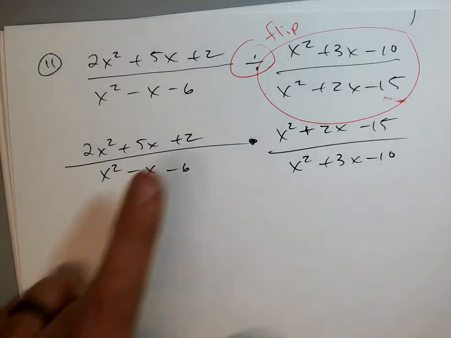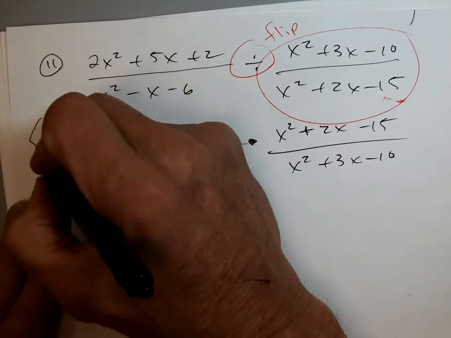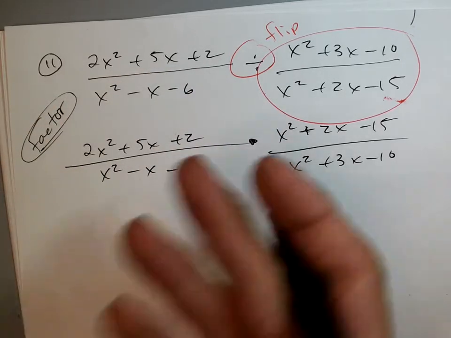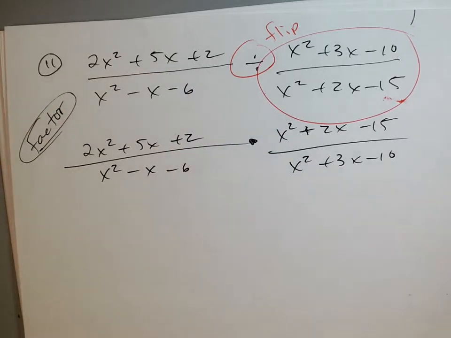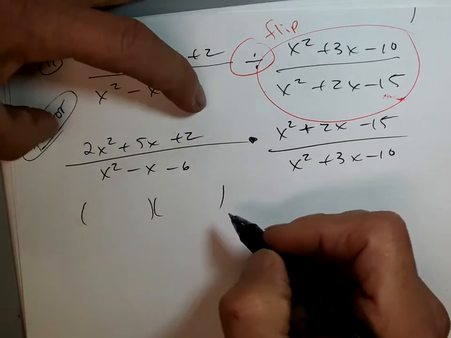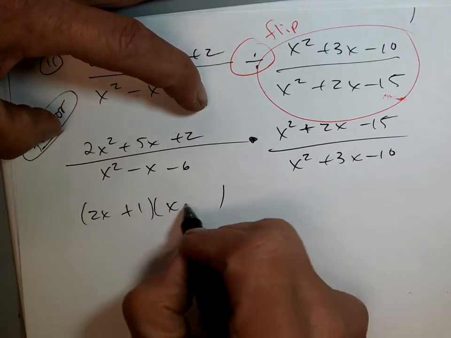Okay, now, still a big ugly fraction. Doesn't even look any better, does it? But if we factor, we're going to factor, and hopefully then we're going to cancel. Factor, factor, factor, factor. Then hopefully we'll cancel, cancel, cancel, cancel. This big ugly fraction is going to look much nicer. Okay, so if I factor the numerator of the first fraction, I'm going to go 2x, x, plus 1, plus 2.